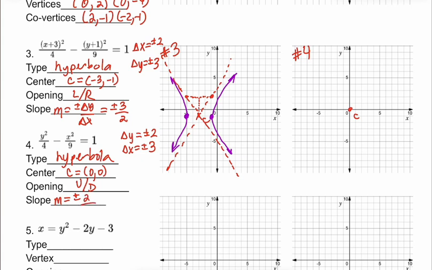Under the x is a 9, that's why a 3 goes on the bottom. We got the same numbers in the same order as number 3. But what's essential is what is it under? This is under the y, so it goes on top. This is under the x, so the square root goes on the bottom. What is it under? Okay.